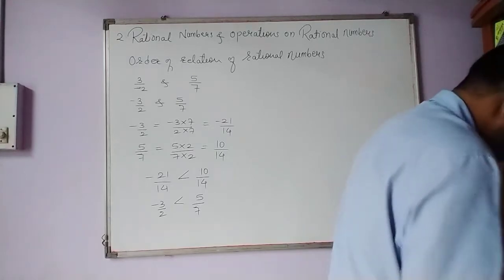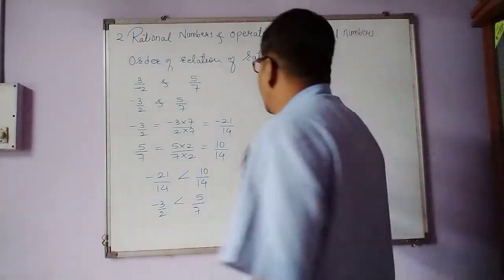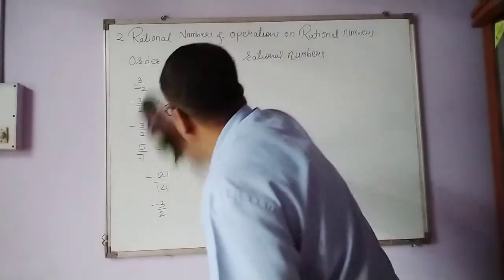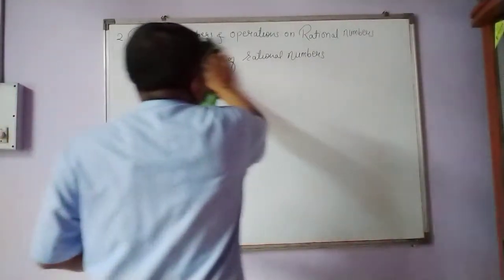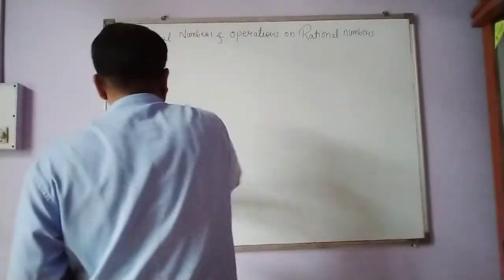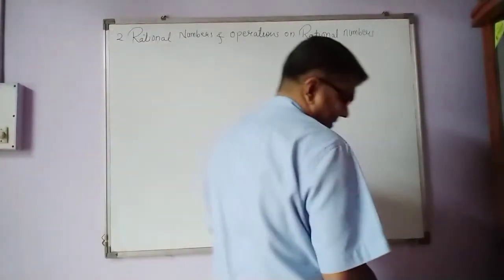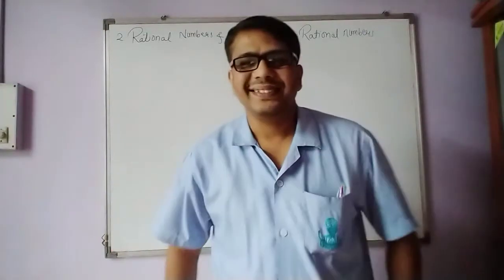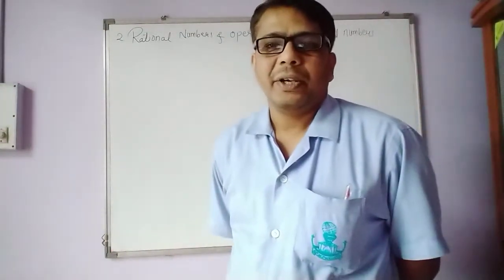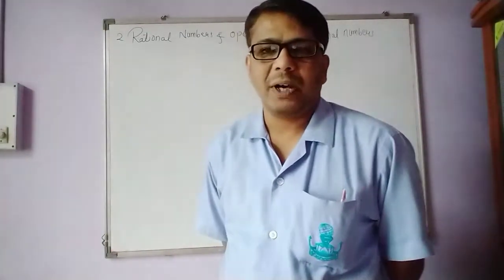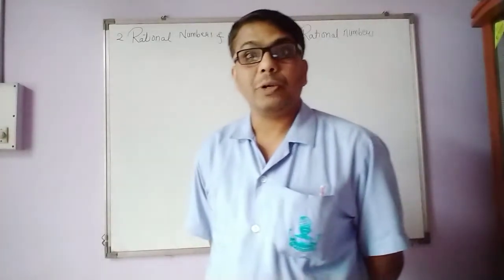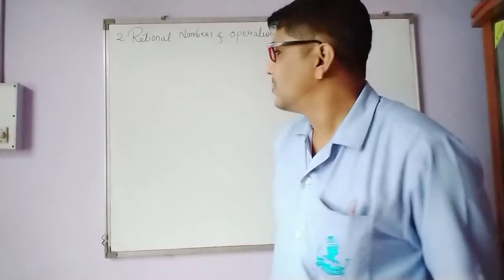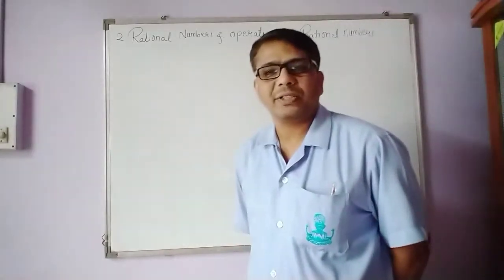Now let us go for the next part. Can you tell me the smallest rational number? No, it is not possible. If you say minus 5 upon 2, I can say minus 25 upon 2. So it is not possible to tell the smallest possible number.